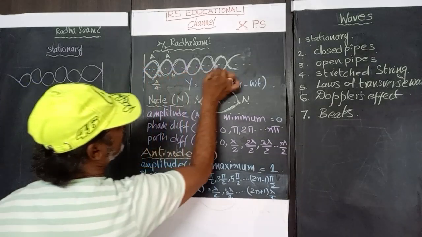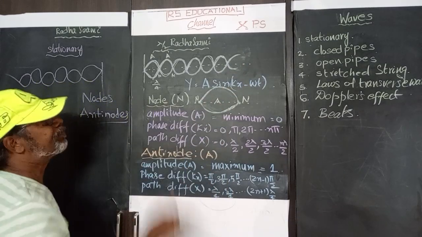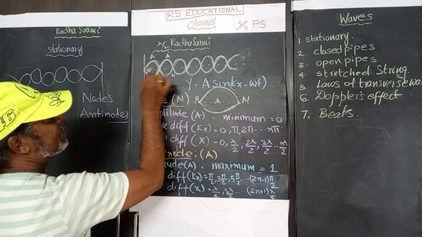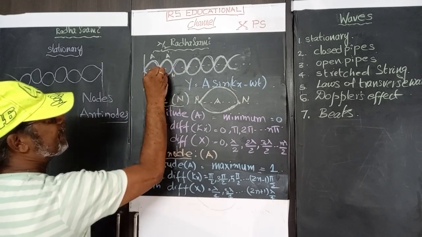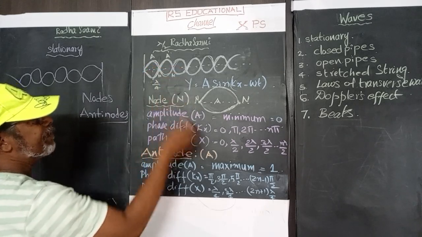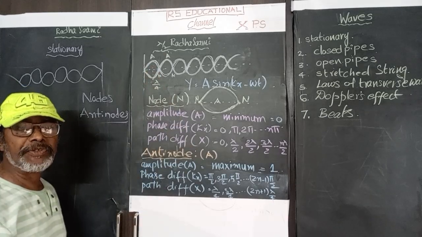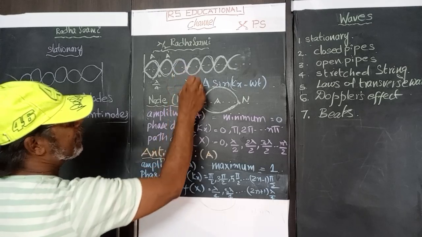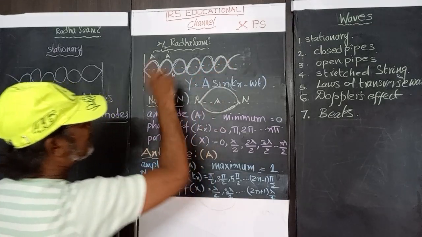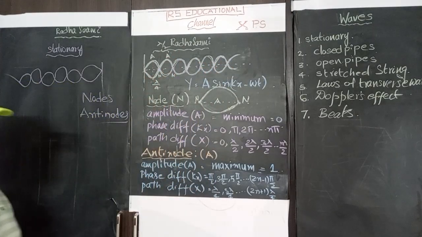At this point on the line, the displacement is 0 or minimum. Displacement or amplitude is minimum. These points are called nodes.